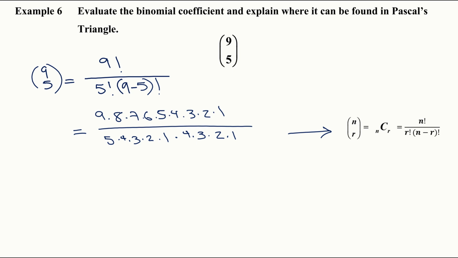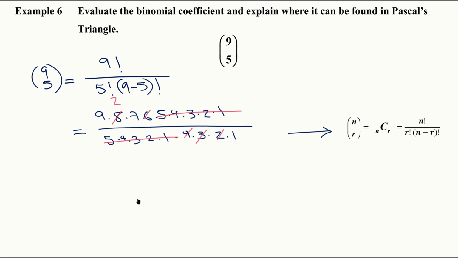Now we can see cancellations. Those cancel those, right? 3 and 2 cancel the 6, right? 4 and 8 leave you 2. So all we have left is 9 times 2 times 7, right?